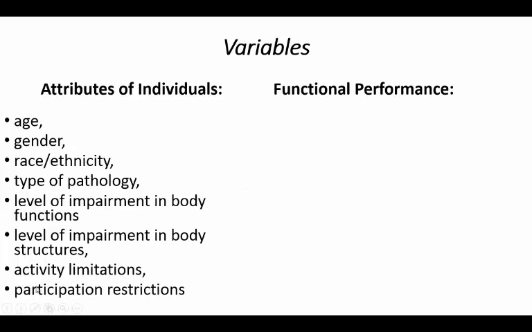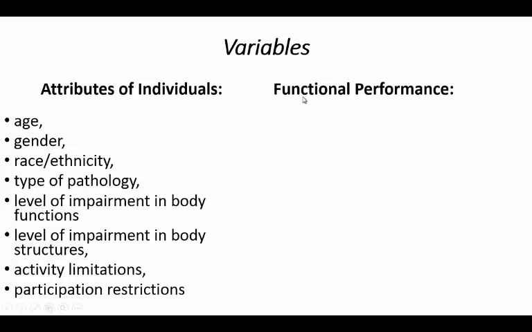And participation is another word that is important, especially in the ICF model, the International Classification of Functioning, because if the person is restricted from participating in activities, for example, going to Jum'ah prayer or going to church on Sunday, these are important things for some people. So when they are not able to do that, then there is a participation restriction that can really affect a lot of things.